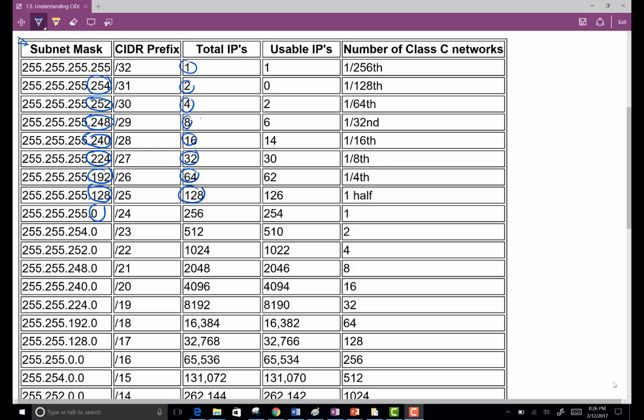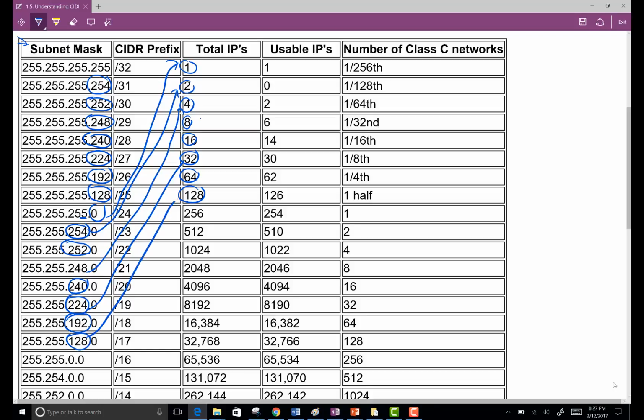Once we hit 0, it gets a bit more complicated, but basically we start over again at 1. So 255 minus 1 equals 254. 254 minus 2 equals 252. 252 minus 4 equals 248. 248 minus 8 equals 240. 240 minus 16 equals 224. 224 minus 32 equals 192. 192 minus 64 equals 128.